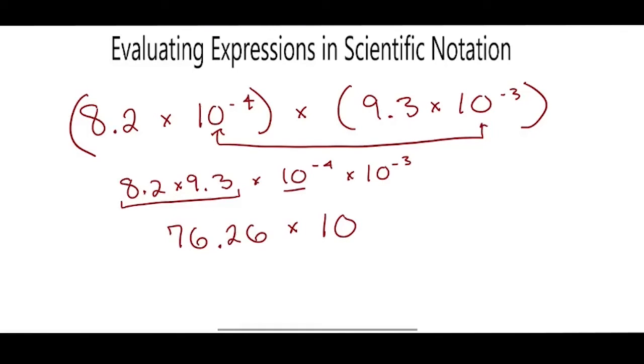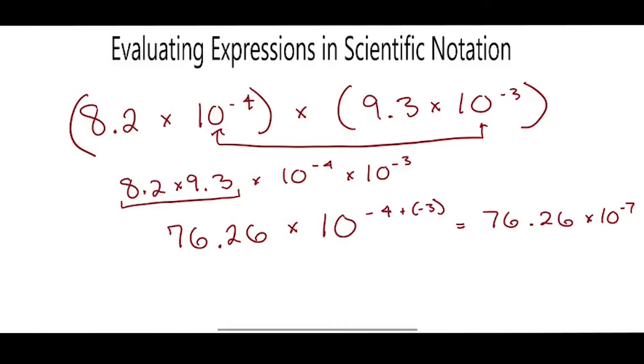You'll notice we have 10 as the bases, raised to the negative 4 plus negative 3. So now I have 76.26 times 10 to the negative 7 power. Well, the number here needs to be between 1 and 10. Well, 76.26 is not between 1 and 10.